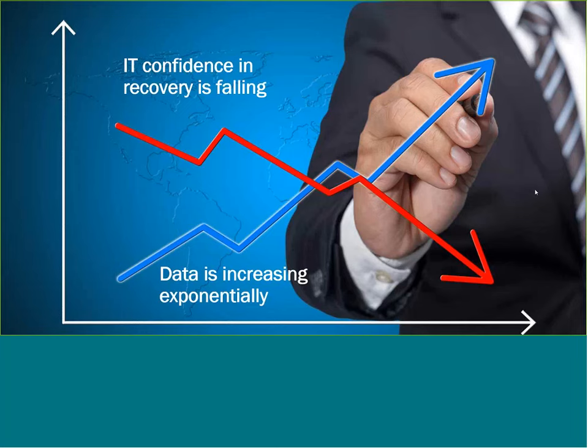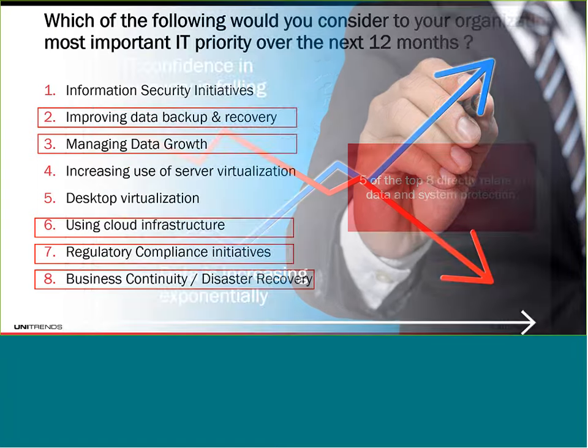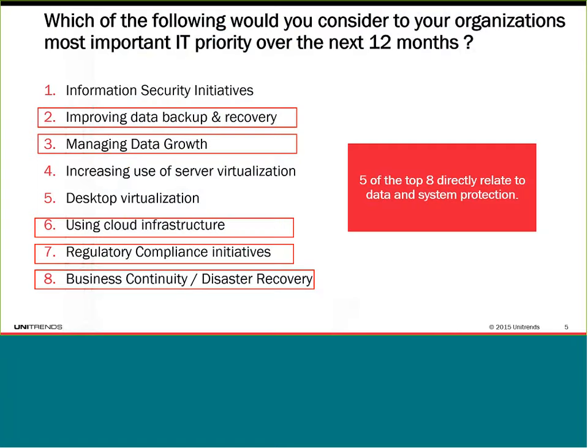Some of it is simply due to there being fewer IT resources to cover all this data. Data is growing at a 50x rate, and IT resources are growing at more like a couple percent a year. So as a result, you're asked to do more with relatively the same amount of budget, and that's affecting our ability to protect all these assets.